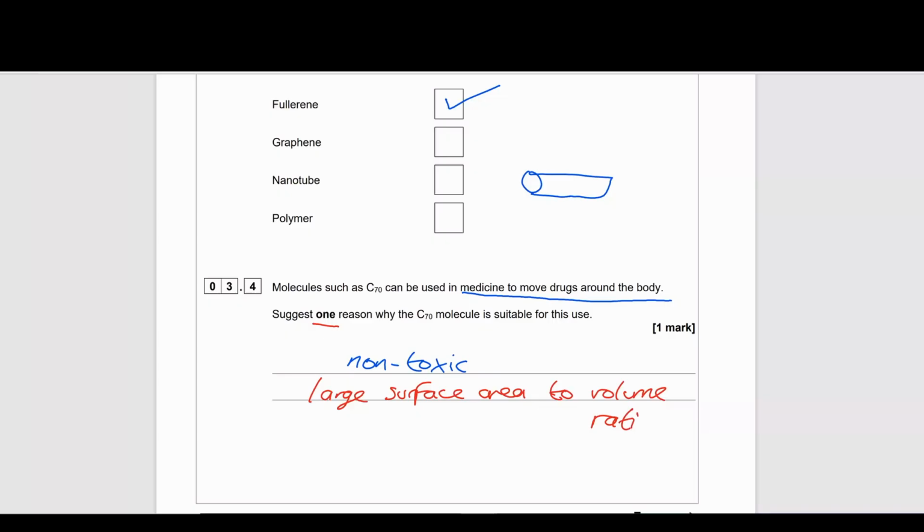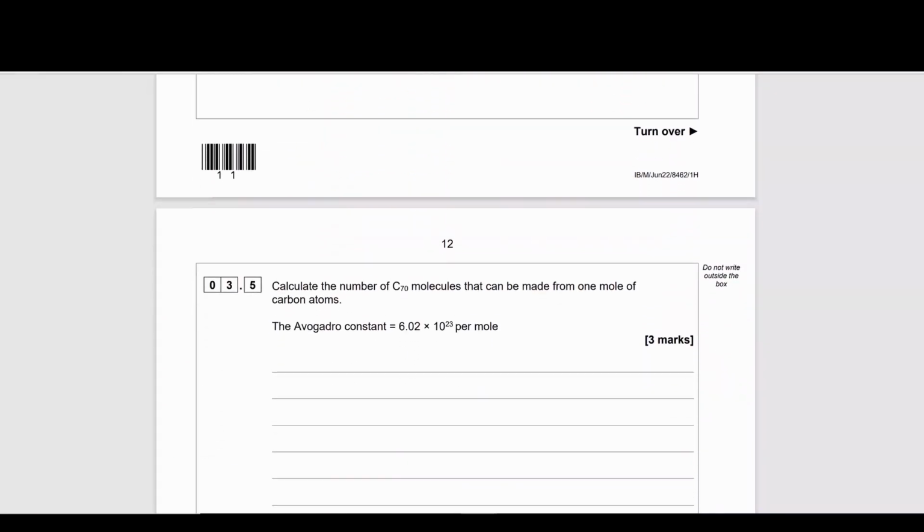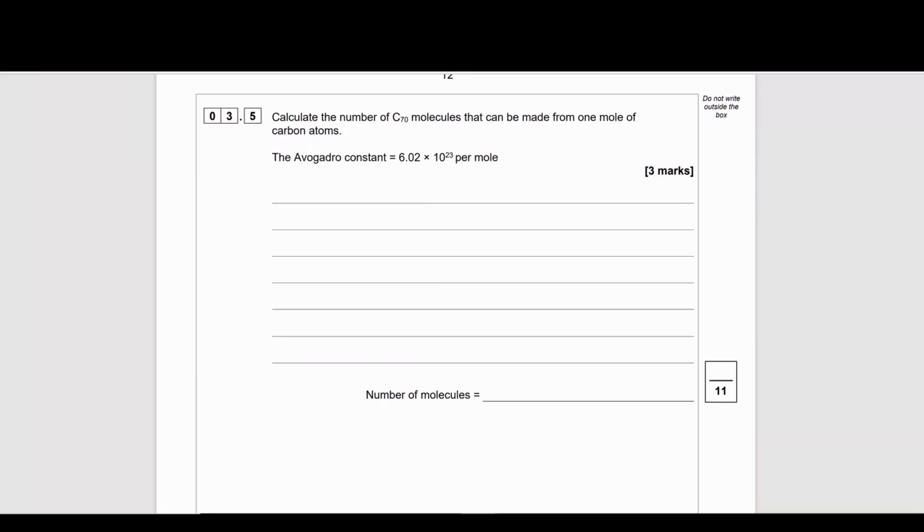You could also say that the C70 is unreactive, because all we want this molecule to do is to provide a drug and move it around the body. We don't want it to interact with anything, which could cause further problems.